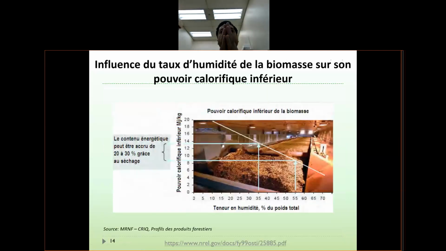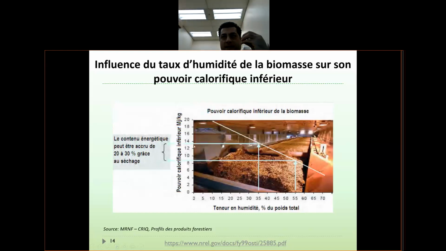Okay, now let's talk more specifically about humidity and the low heating value of biomass. As you see in this diagram, if you apply drying to a biomass and reduce the moisture content of biomass from 50% to 35%, the low heating value of biomass increases from 20 to 30%.